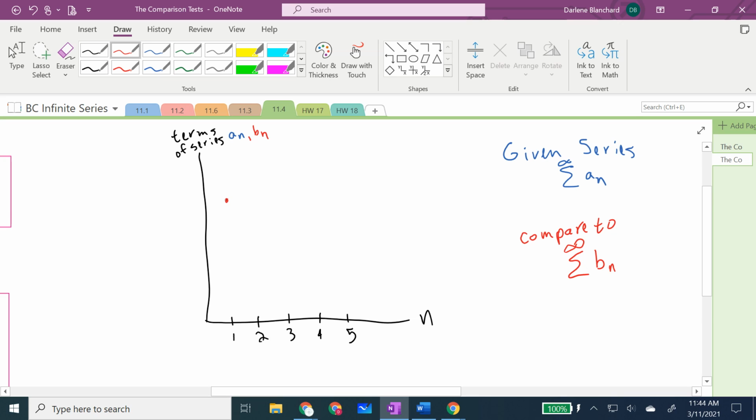Most likely what you're comparing it to is at least having the terms head to 0, because it's unlikely you would bother with this if that wasn't your situation. Now, let's say the series that you are given has its terms smaller.